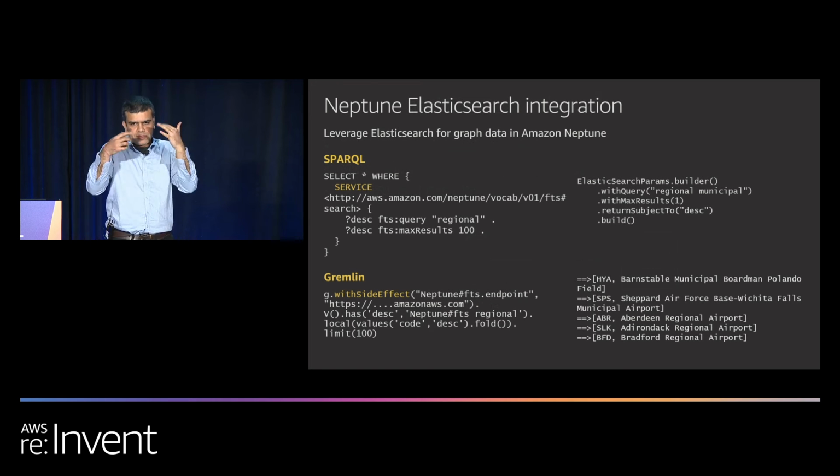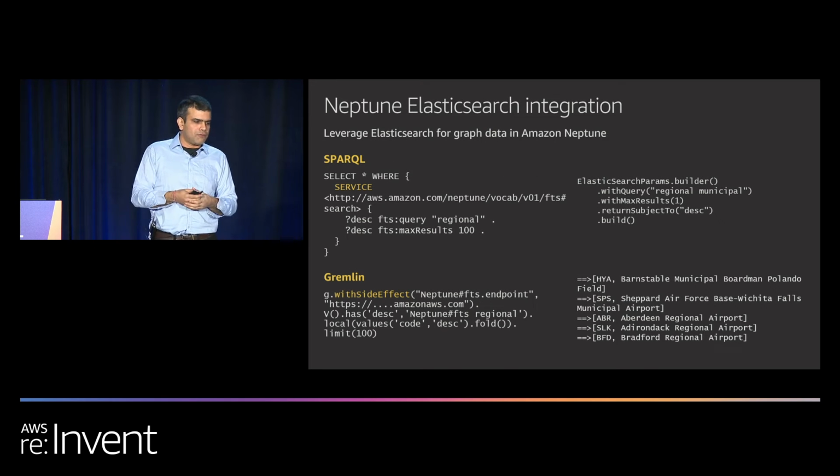And here's the syntax, going into the details. On SPARQL, we support the SERVICE keyword, which is defined by the standard, but there's an extension for specifying the Elasticsearch endpoint. In a similar fashion, for Gremlin, we have an extension with a side effect, and you specify the Elasticsearch endpoint and also the query that you want to run.